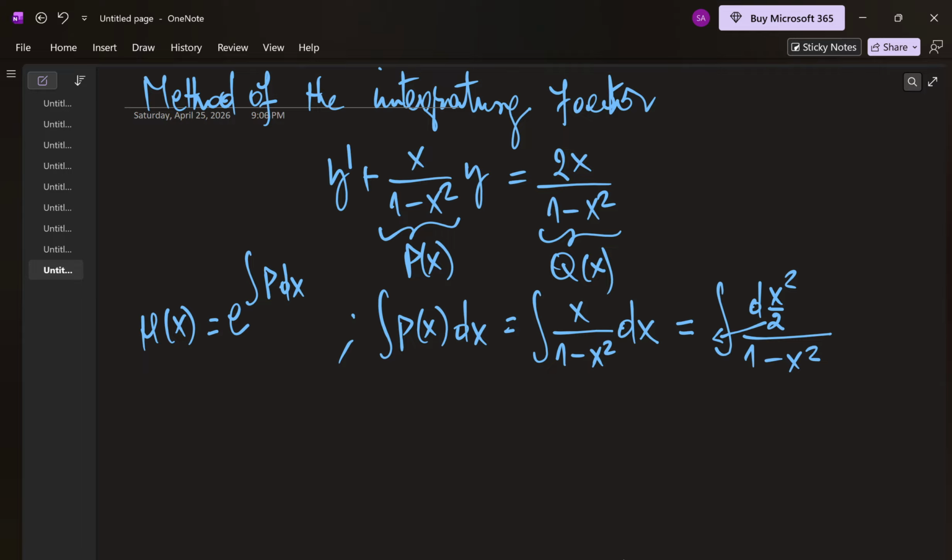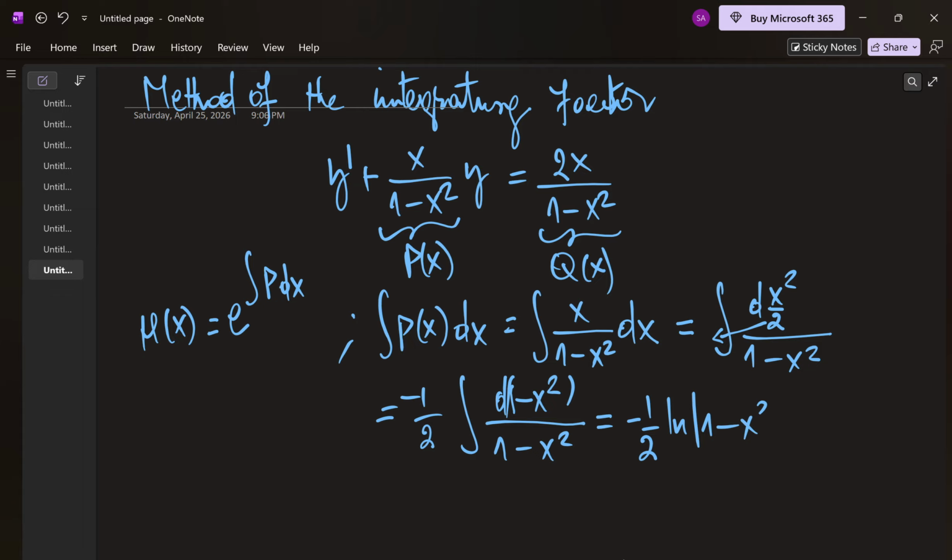And I get this 2 here, so I have 1 over 2 the integral, and I multiply by minus 1. I multiply here minus 1, I take d(x squared) over 1 minus x squared. And since the derivative of 1 is 0, I add also 1 here. And this becomes like this. Now the integral of this is minus 1 over 2 ln of 1 minus x squared. Okay?